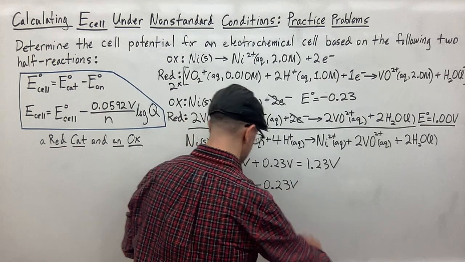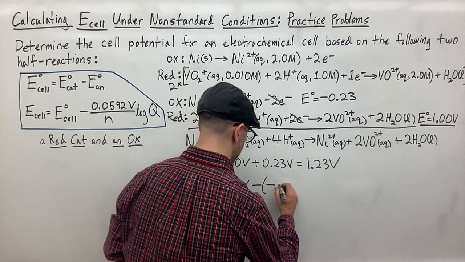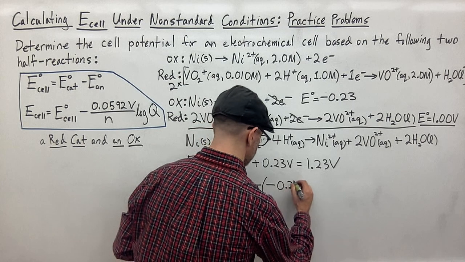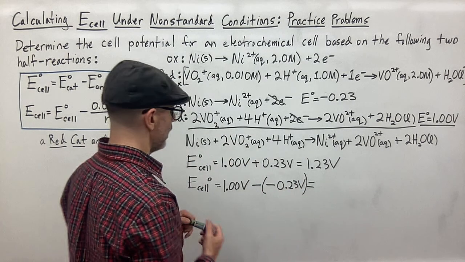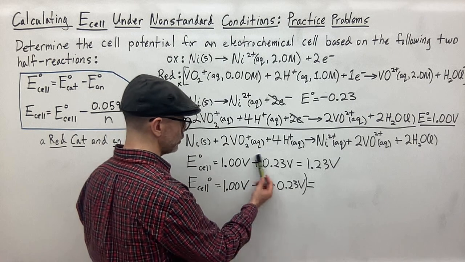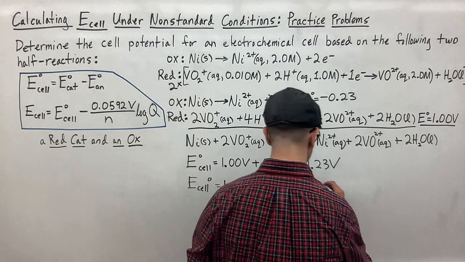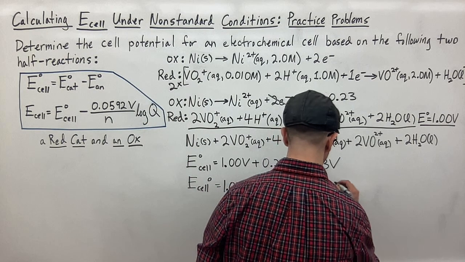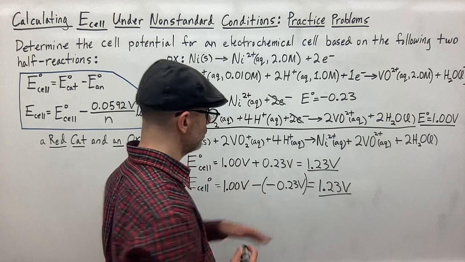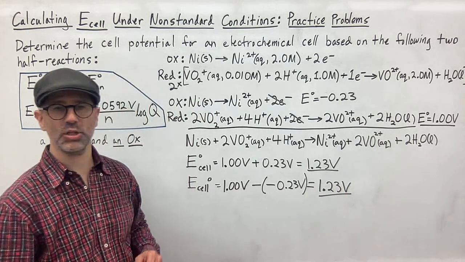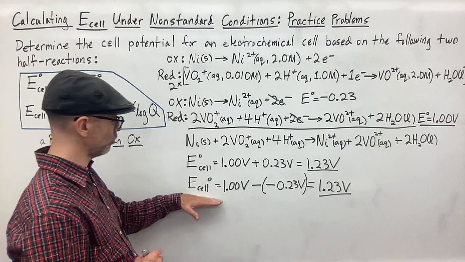Oops, I forgot the negative. Negative 0.23 volts. And so a negative times a negative is positive, which is what we got here. So we're going to end up adding those together, and we get 1.23 volts. So same answer. So this is the electrode potential of the cell, the standard cell potential.